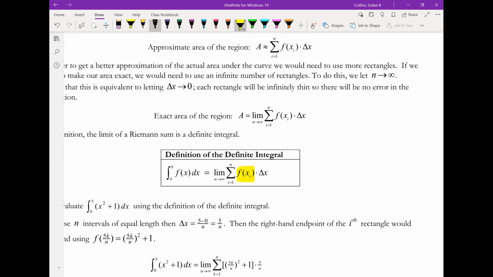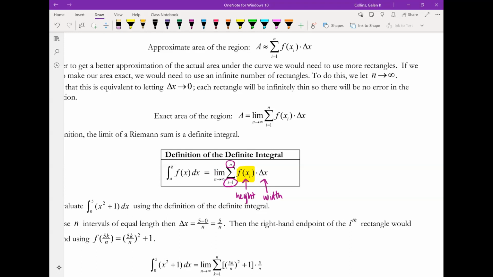Delta x represents the width. So this is the height of the rectangle. Delta x is our width. And then as we add these from i equals 1, so our first rectangle, to our nth rectangle, as we add those up, without this limit statement, that's just a Riemann sum. That's what we just did.